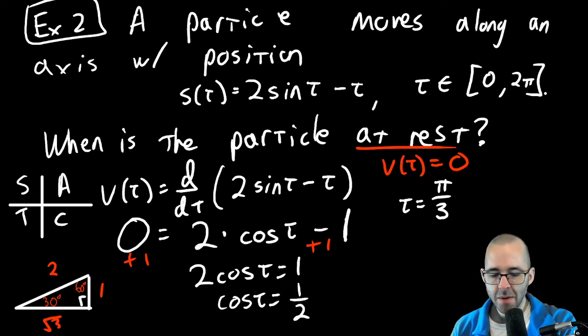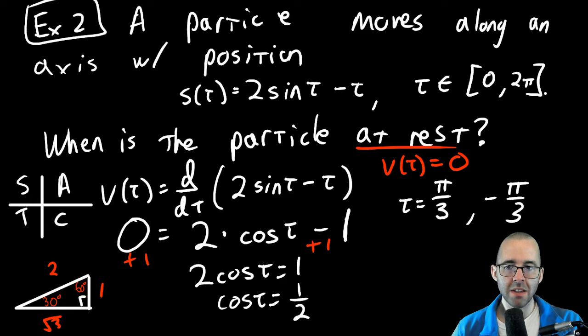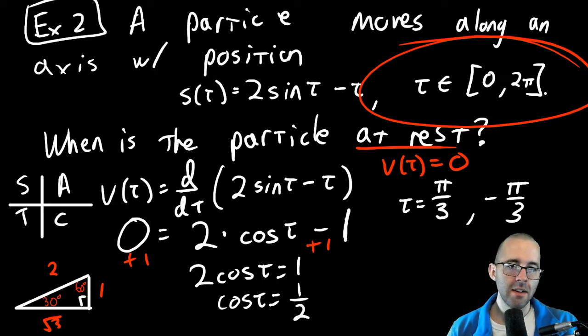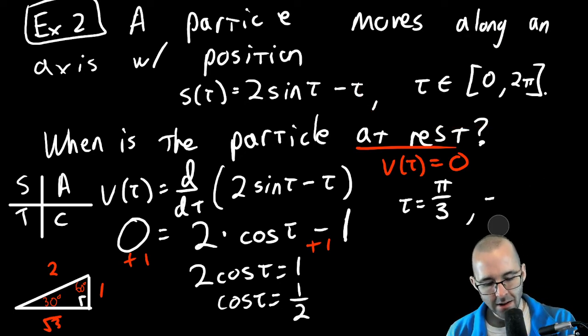But I'm going to make a mistake here. What's the problem? Negative pi over 3 is the same reference angle in the 4th quadrant, but it's not in the right interval. We're only caring about time between 0 and 2 pi. So don't do that.